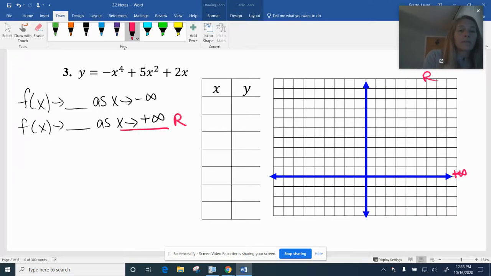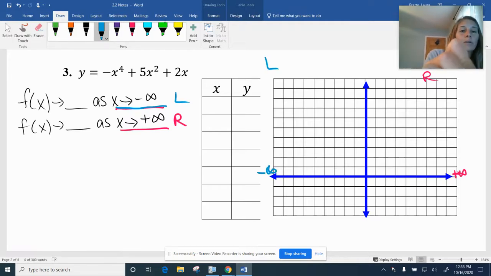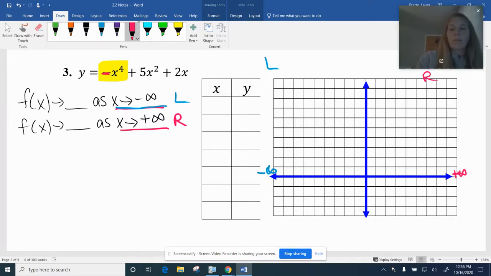That's the right side. The left side is when x is approaching negative infinity, right? So let's look at this first term. It's already in standard form, so it's just that first term there. The lead coefficient determines my right side. The lead coefficient is a negative, which means my right side is going to go down or approach negative infinity.